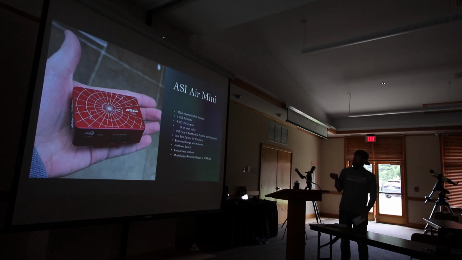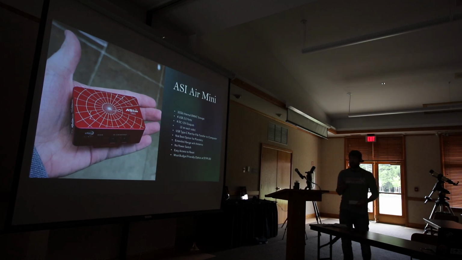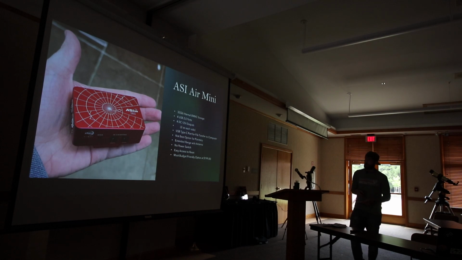But with the Mini, you probably could do planetary imaging, but they only offer USB 2.0 ports, so if you're looking to do planetary imaging, I'll just go with either a Pro or a Plus.